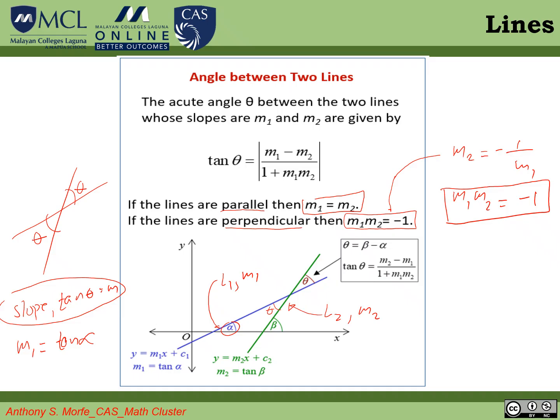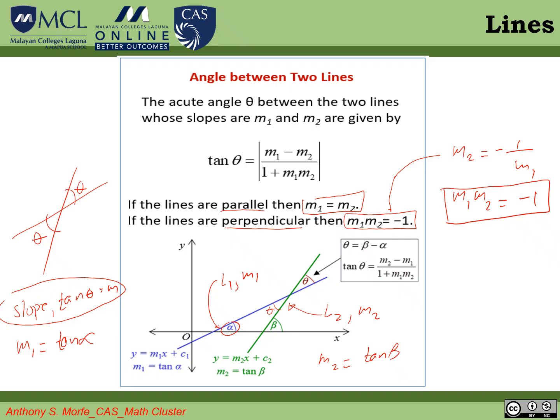And similarly for line 2, we have beta, so we know already that m2 is just the tangent of the angle. This is angle beta, tangent beta.